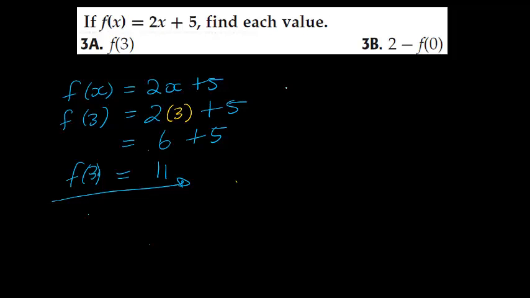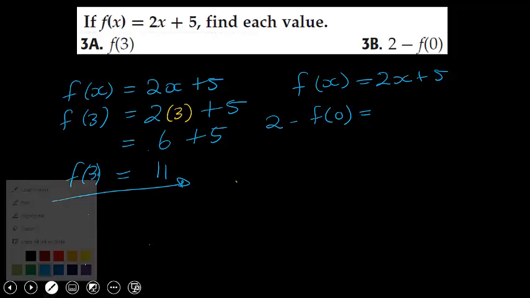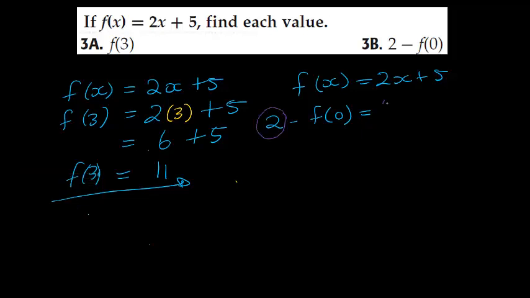What happens if we have f of x equals 2x plus 5, and the question says, what is 2 minus the f of 0? I'm going to write my first 2 and the minus sign.